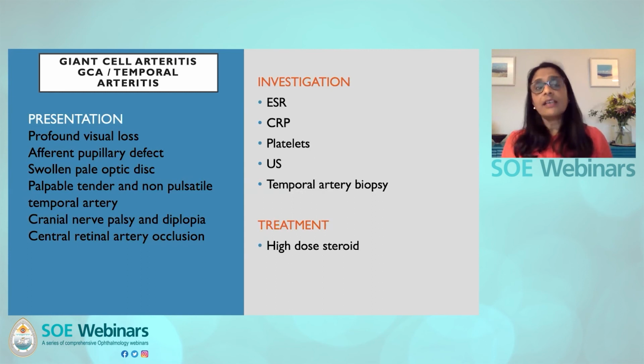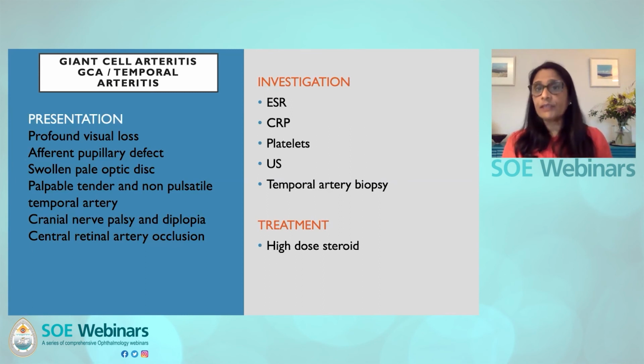And again, there may be reduced color vision, there may be an afferent defect, you may see a central retinal artery occlusion, they may even present with a cranial nerve palsy and present with diplopia.